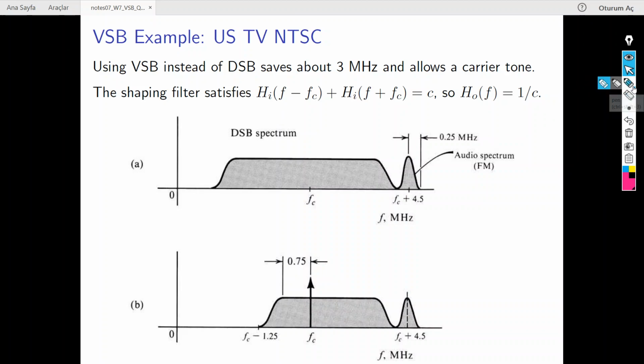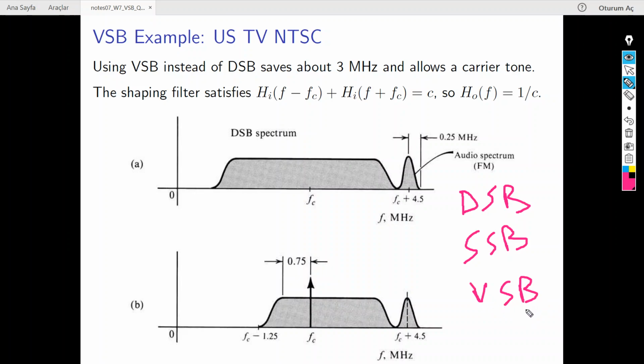Now let me ask you one question. Up until now we have double sideband modulation, we have single sideband, and we have vestigial sideband. And I ask you, which one of these modulation schemes is the most spectrally efficient modulation, meaning it takes minimal bandwidth to transmit your signal? Which one?